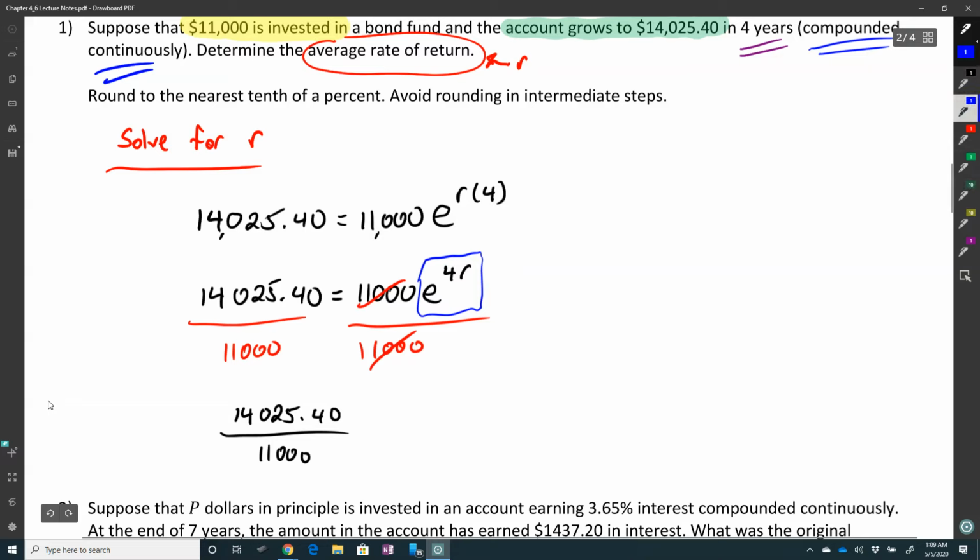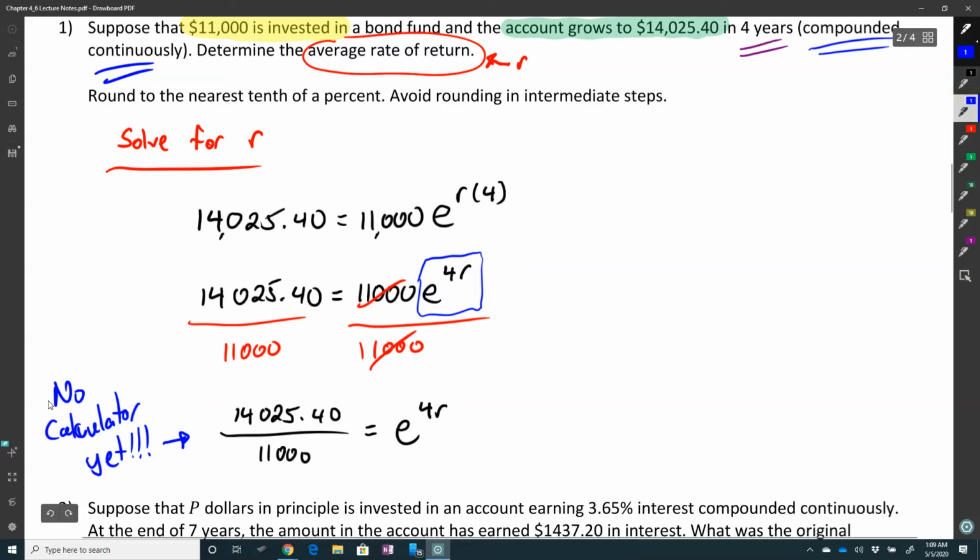So notice that there's no calculator yet. Don't put that in your calculator because you're just going to get another rounded answer, and as you do more and more, the answer gets more and more incorrect. So I have e to the 4r.